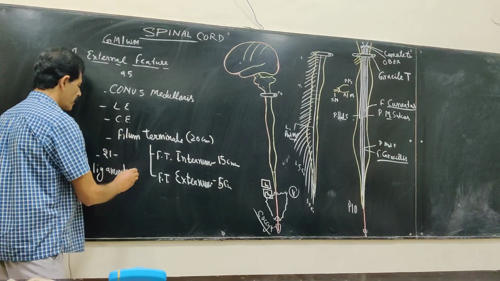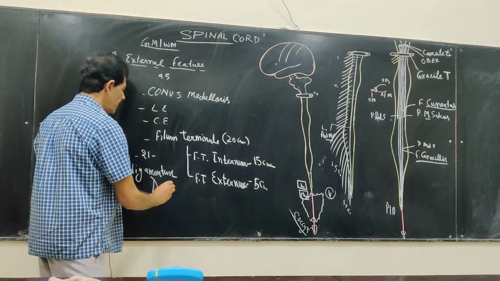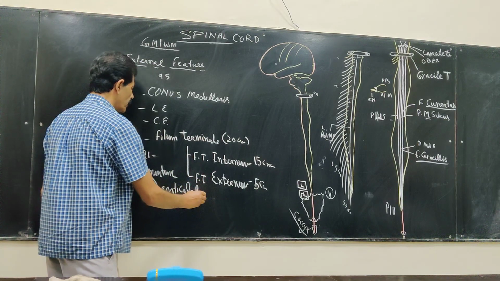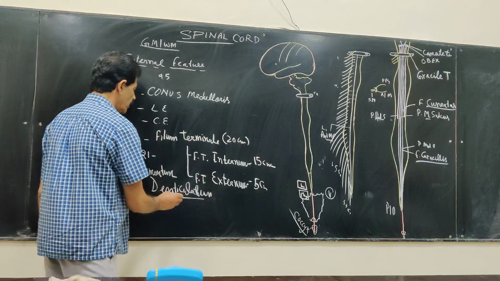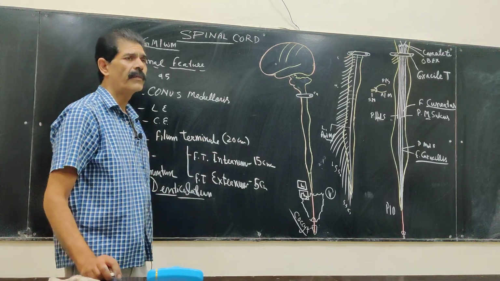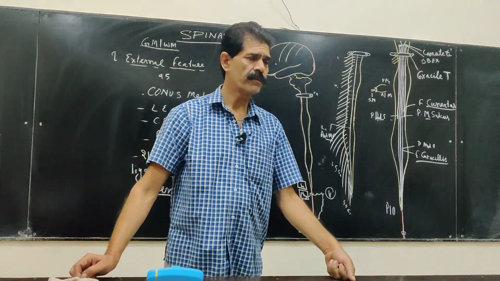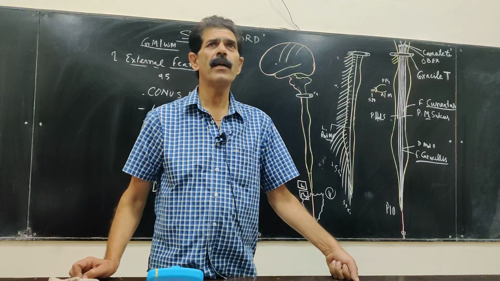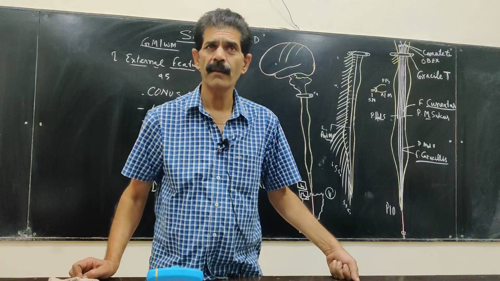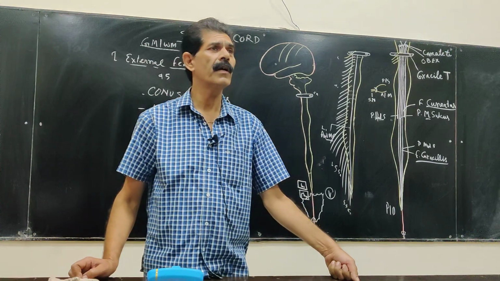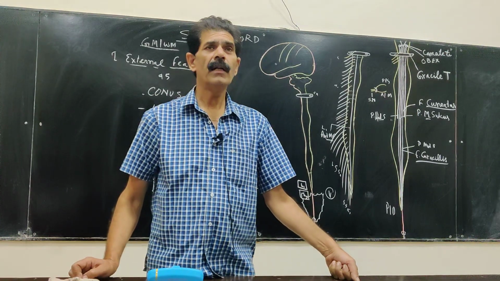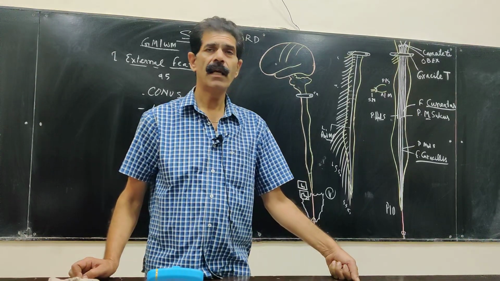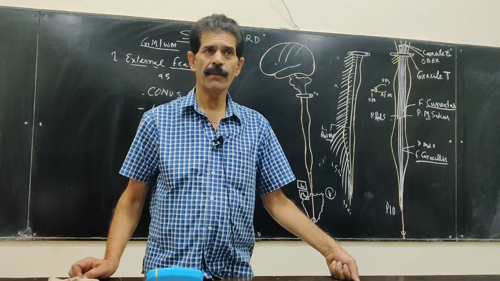This word denticulatum is given because of the tooth-like appearance of the extension of the pia mater. But it is only confined or limited to the upper 21 pairs of the spinal nerves. Underline, only upper 21 pairs. The lower 10 are without this extension. That is the ligamentum denticulatum.